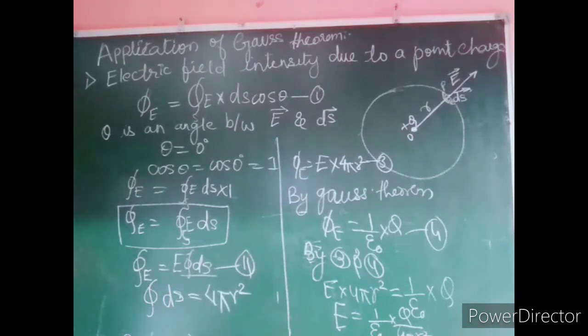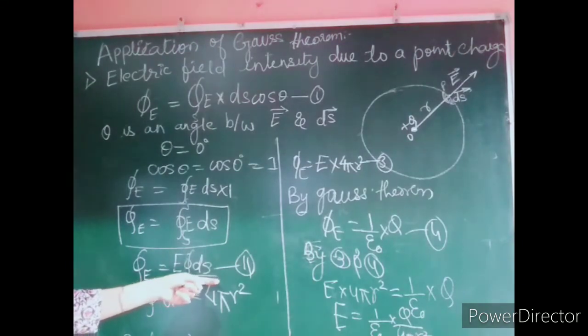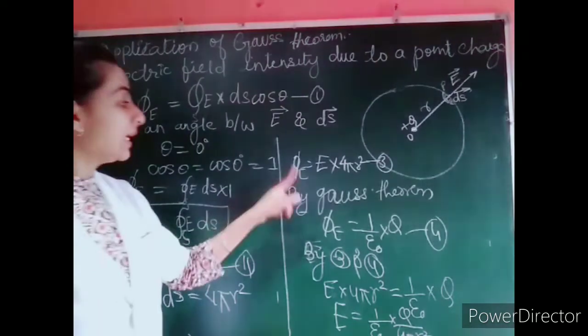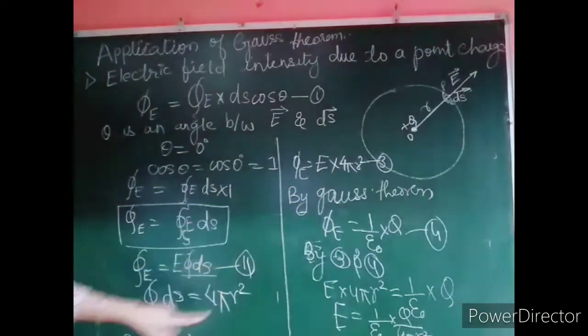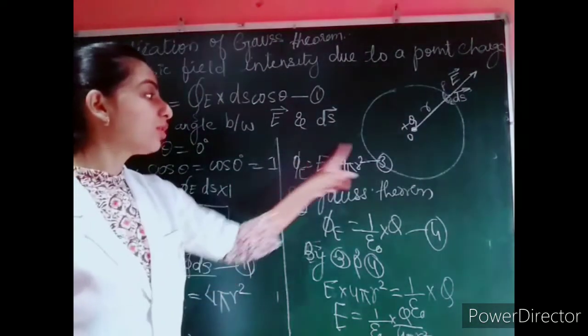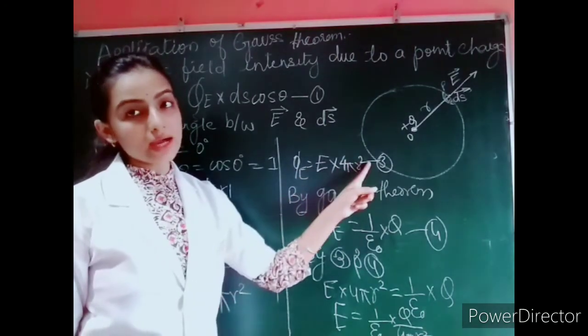Now this is our equation number 1 and this is our equation number 2. From equation 1 and 2 we got phi E is equal to E into 4 pi r square, because integral of ds is equal to 4 pi r square. Now we got our equation number 3, that is E into 4 pi r square.